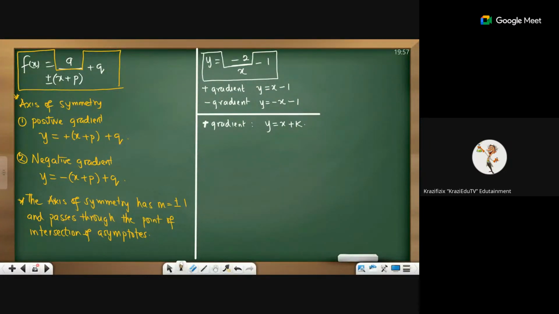What are my asymptotes? Equation of the asymptotes? Talk to me. X equals to what? 0. Y equals to what? Can we throw it in? -1 equals 0 plus k. So what is k? So what's my equation? Y equals to what? X.